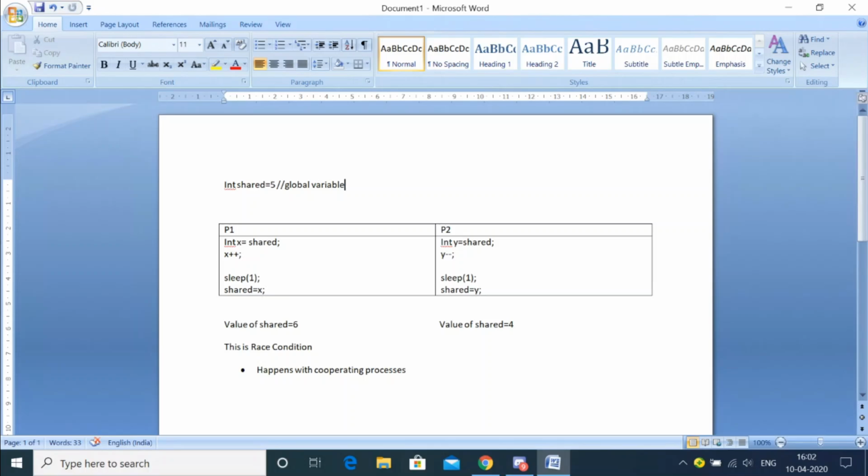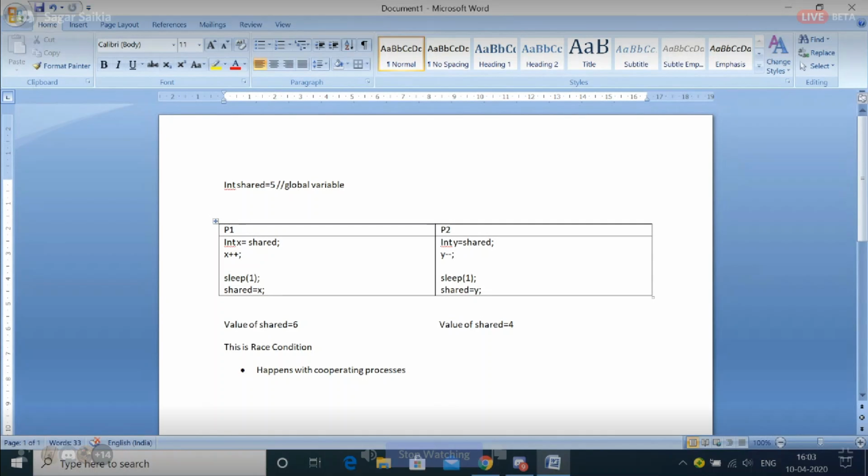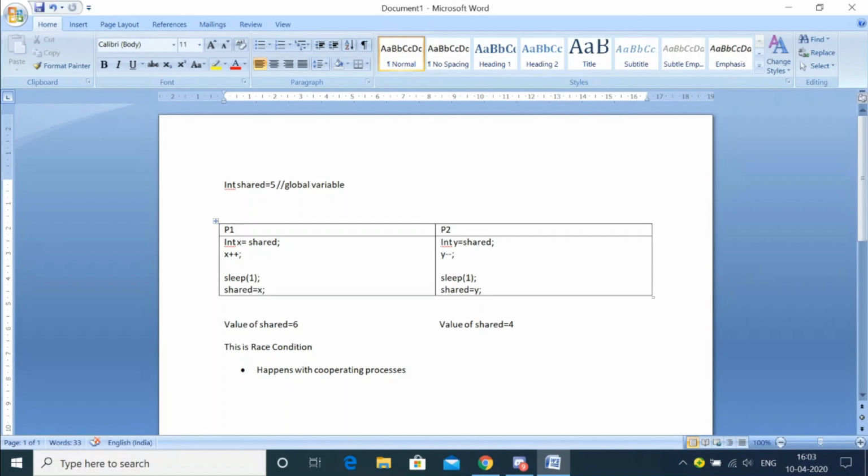Now let's see what is happening in process P1. Here x is a local variable under P1, and it gets the value of shared. What is the value of shared? We know shared is a global variable and it has value 5.